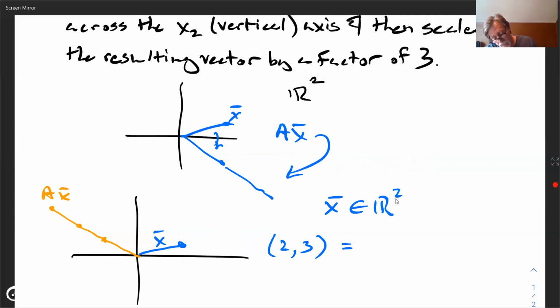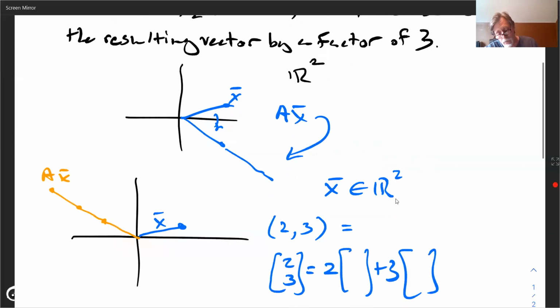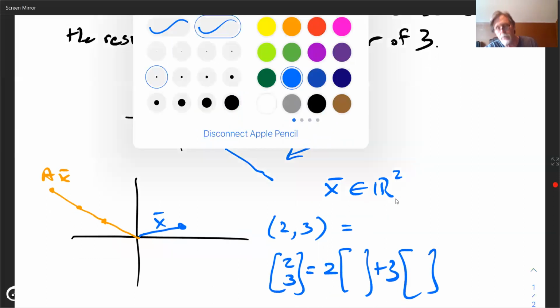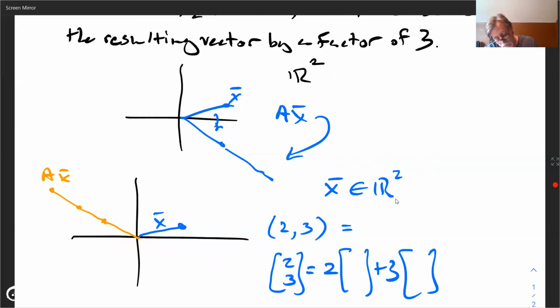So I could write 2, 3 as 2 times one vector plus 3 times another vector. And those magical standard or basic vectors are the vectors 1, 0 and 0, 1.